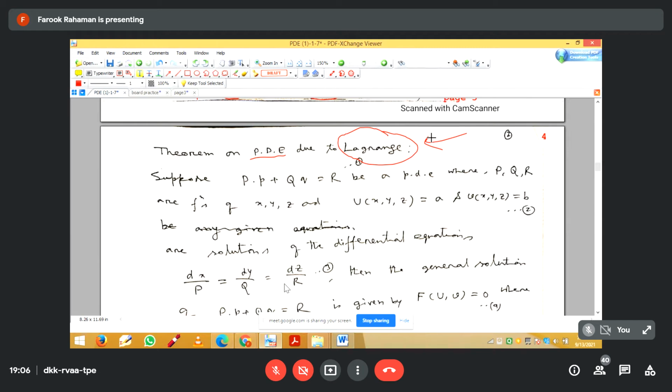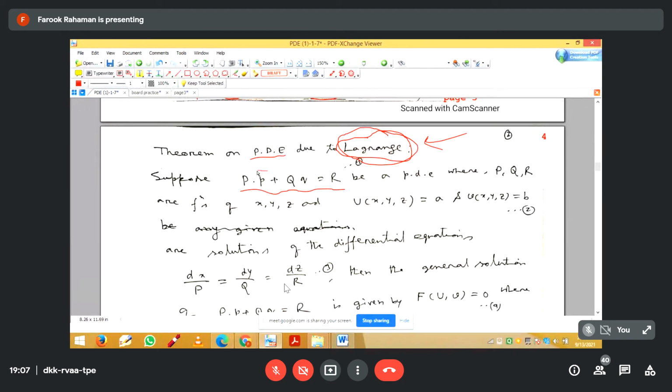So I will proceed to show how to solve the partial differential equation by using the Lagrange formula or Lagrange theorem. The theorem states that suppose this is a given partial differential equation. This is a linear first order partial differential equation, where capital P, capital Q, and capital R are functions of x, y, and z.